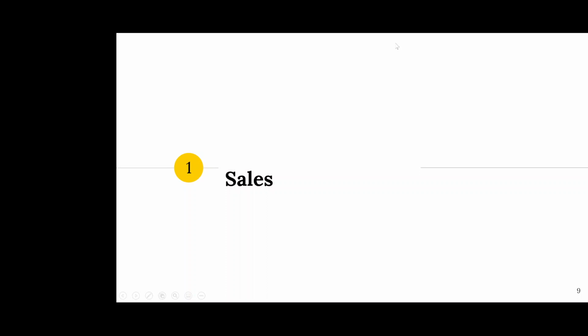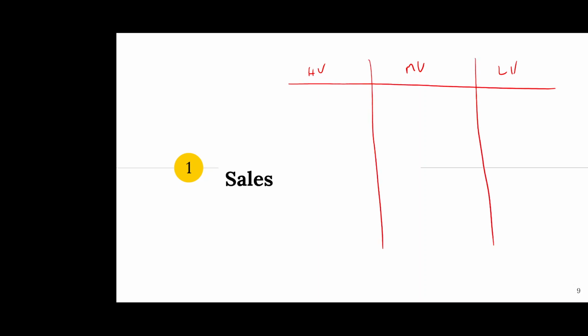So all these segments here: the first segment is high valuation, then medium valuation, then low valuation. All these three segments, as you can see, will start with some people in the market.